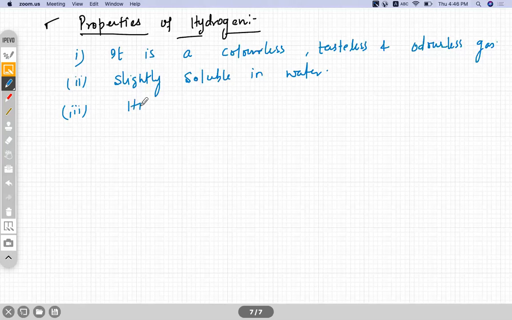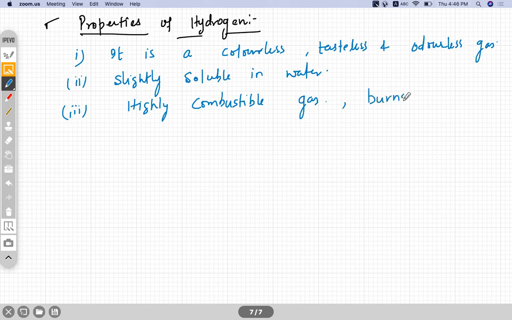It's a highly combustible gas, it burns with oxygen with a blue flame.